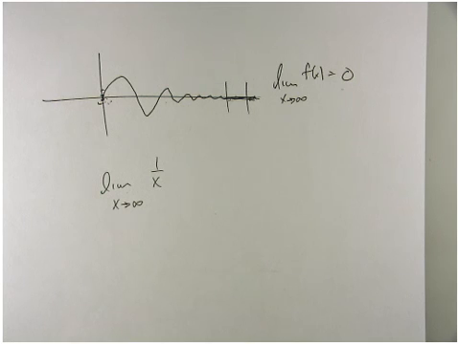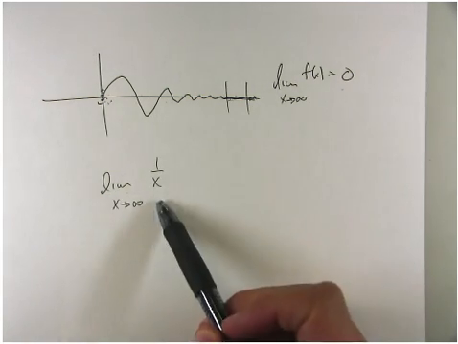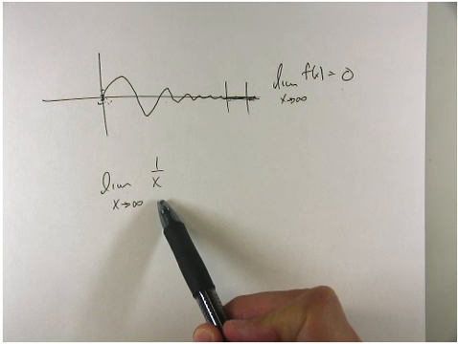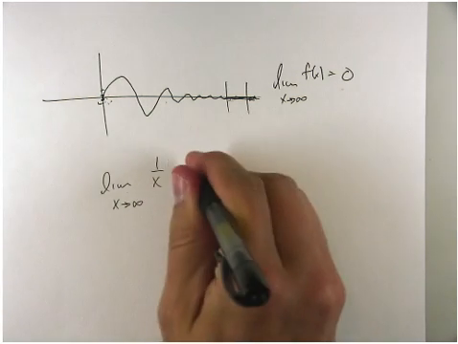What happens to that function? Well, yeah, it takes the shape of that graph. But what if I didn't know the shape of the graph? It goes towards 0, right? It's going to be 1 divided by 100, 1 divided by 1,000,000, 1 divided by 10 million. This function approaches 0.